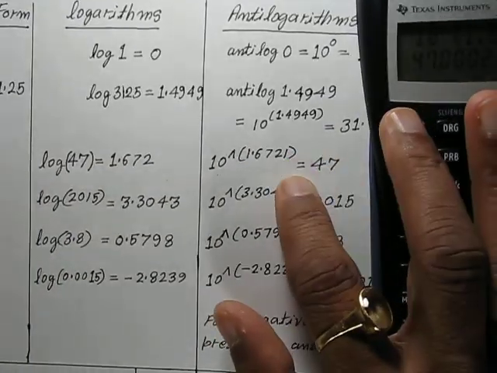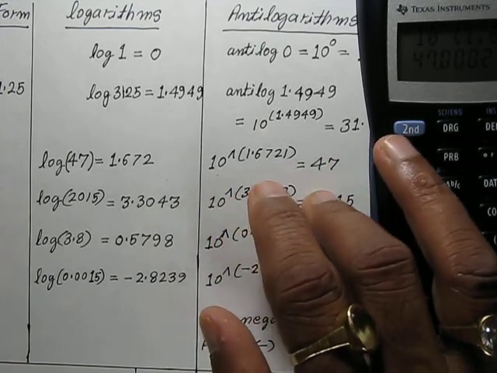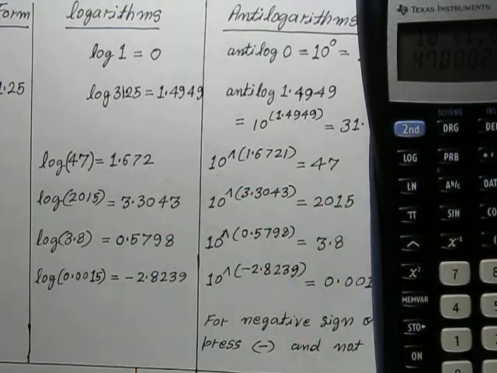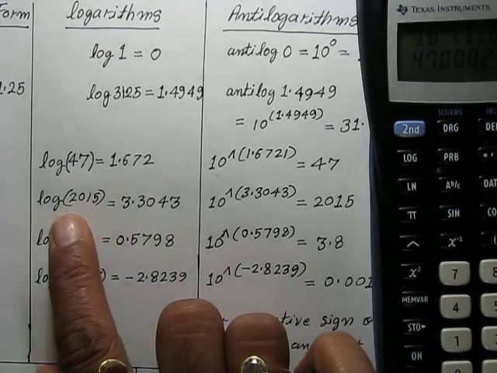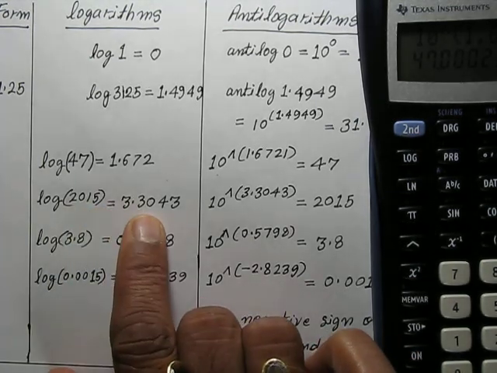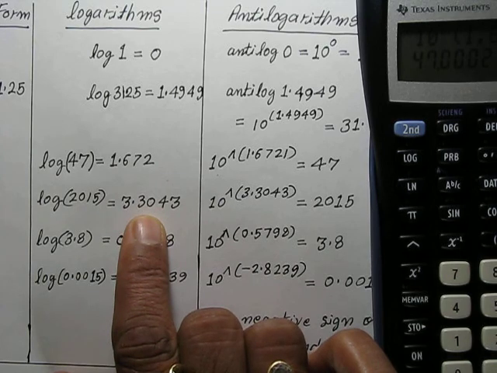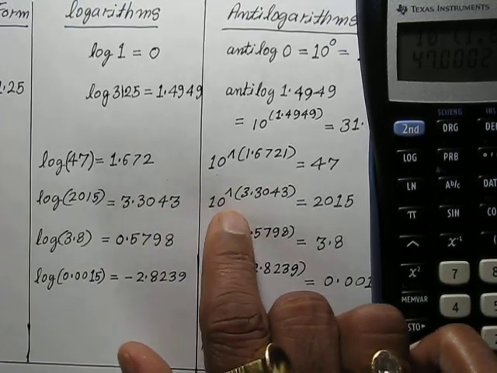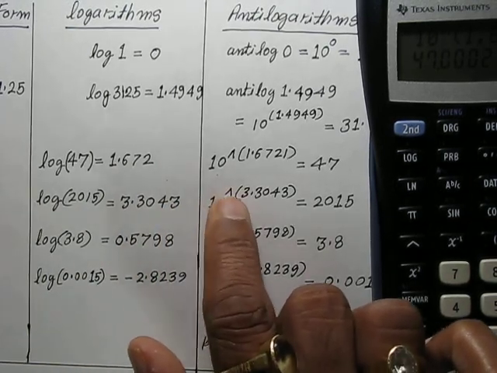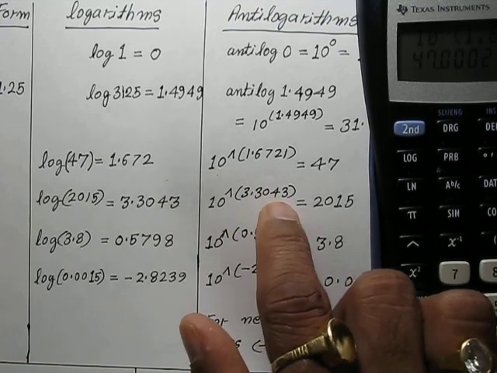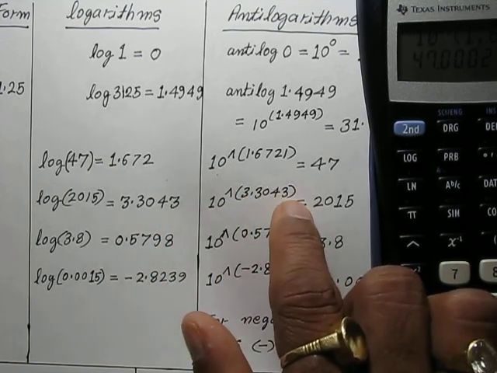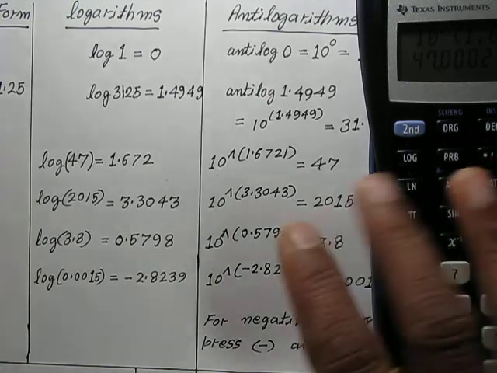So anti-log is exactly like the exponential form of writing, or opening, the log. If you type log 2015 in the calculator, you will get this power answer. And if you want to take the anti-log of this, type 10 cap, parenthesis, the number power, then parenthesis close, and you will get this number.